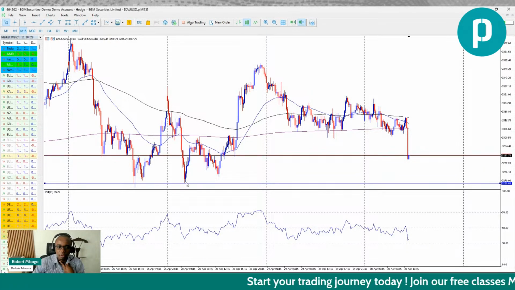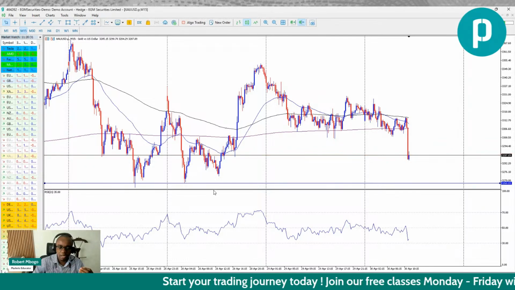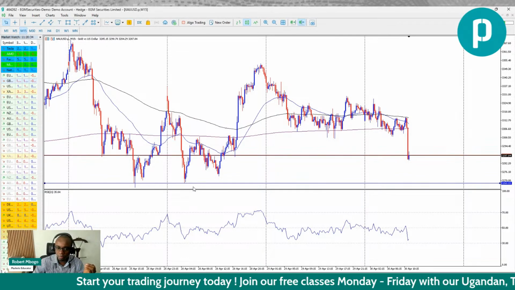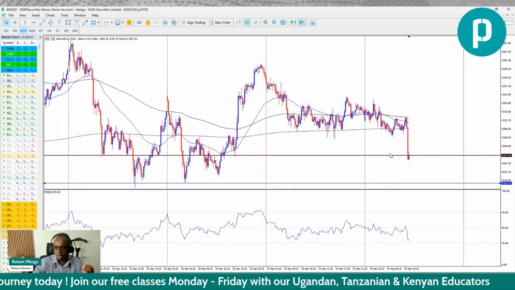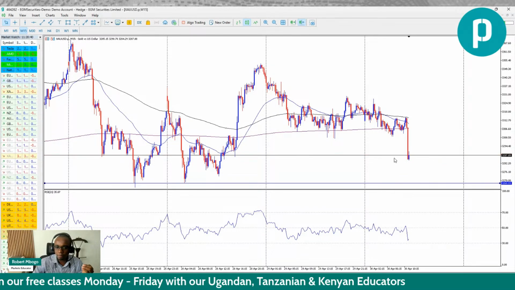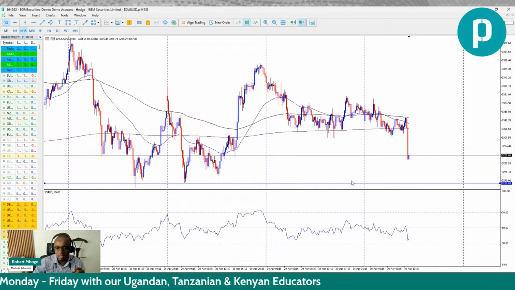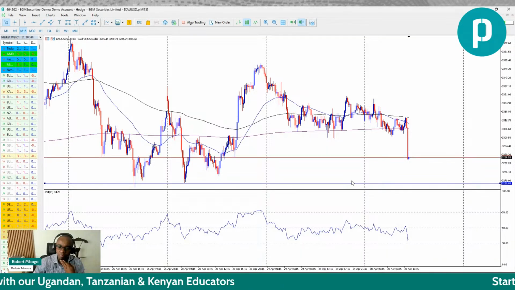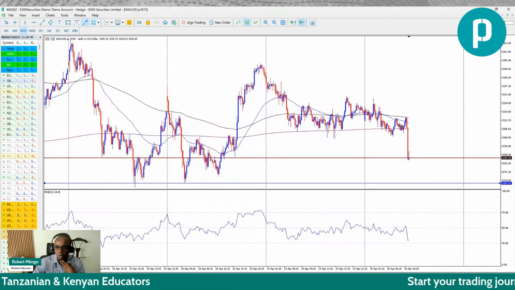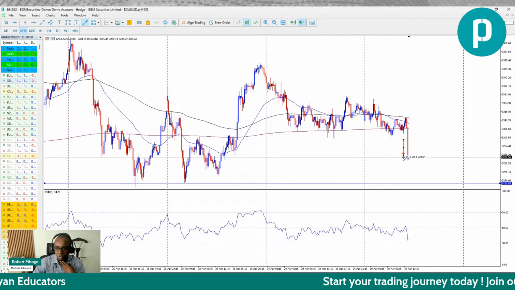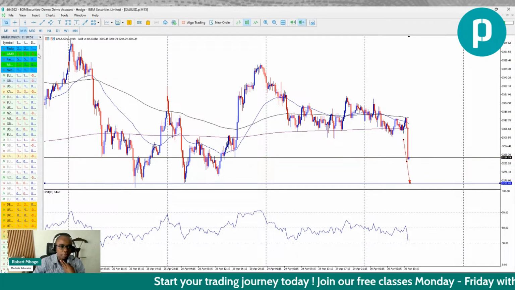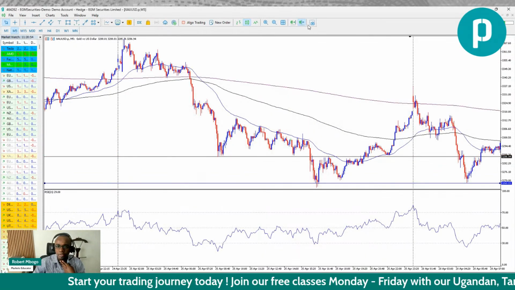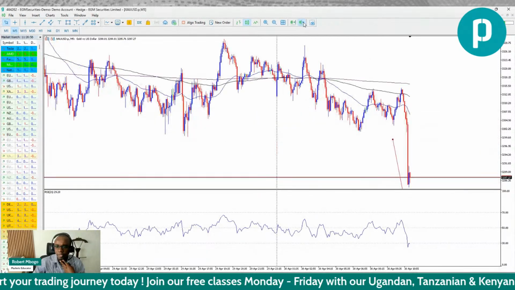What is this low? For those who've been attending the mentorship class, this is what you call the weekly low, the low that was set on Monday, right? We would want to see gold test this area because we have some buyers here, and then maybe from there we can see some bullish move.